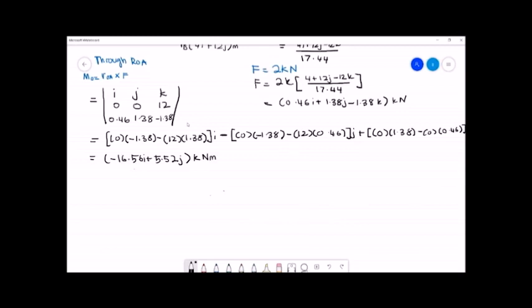Now you perform it through ROB, so equal to i j k.